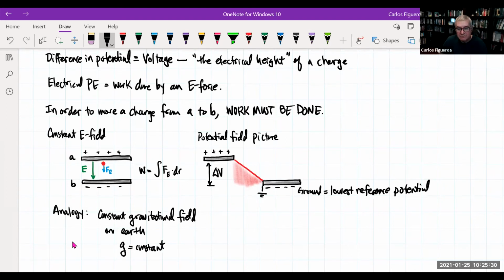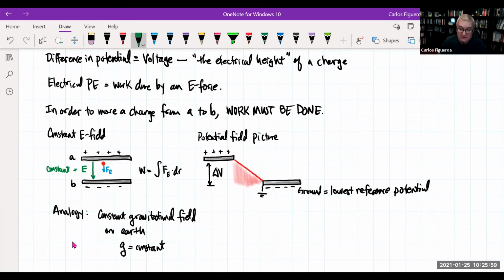Look at that g, look at that E up here. E up here is what? Constant. So it turns out that the gravitational potential, not potential energy, gravitational potential, is also linear.